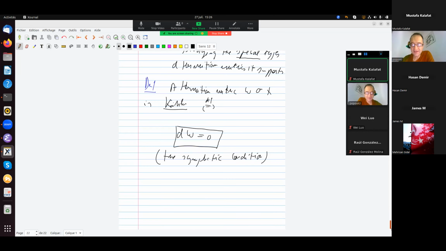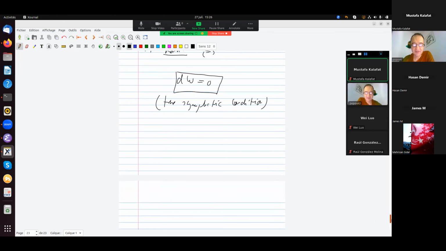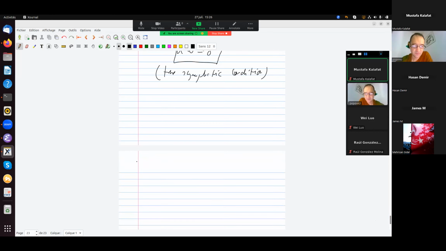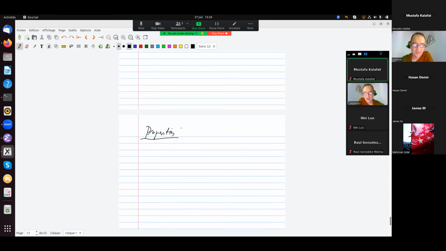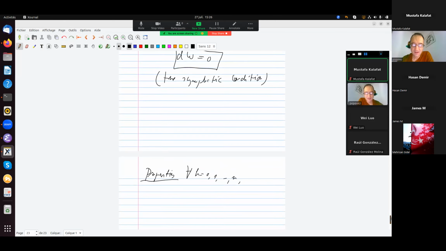And now the thing is that these metrics need not exist. Now, some properties. So an obvious property is the following. For every k from 1 to n, if we take omega to the power k, this one is d-closed, right?